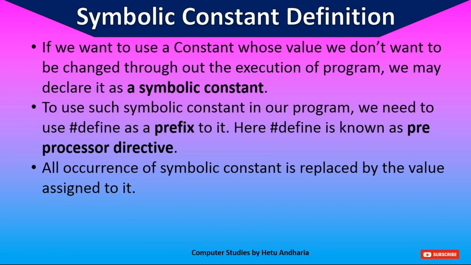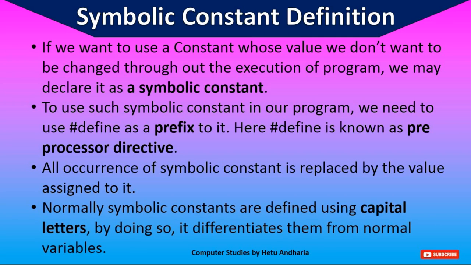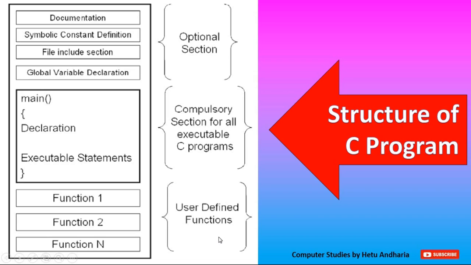Now all the occurrences of the symbolic constant will be replaced by the value assigned to it. For example, if I have assigned pi 3.14, then wherever I have typed pi, the compiler will understand it is 3.14. Normally symbolic constants are defined using capital letters. By doing so, it differentiates them from normal variables.